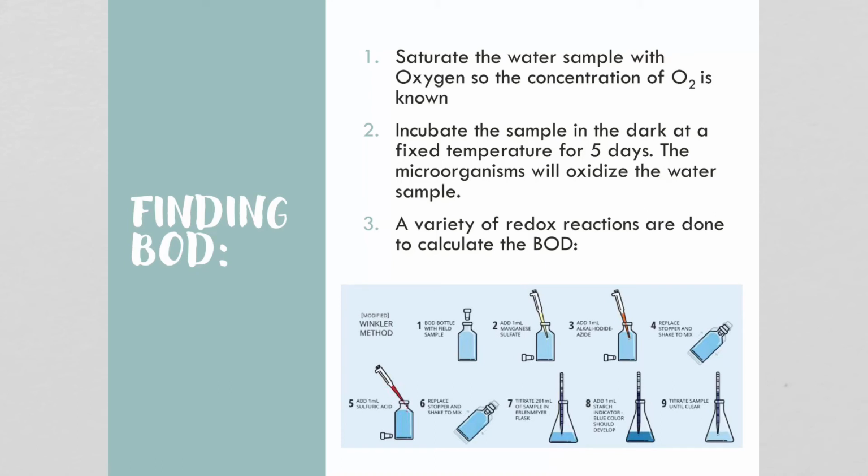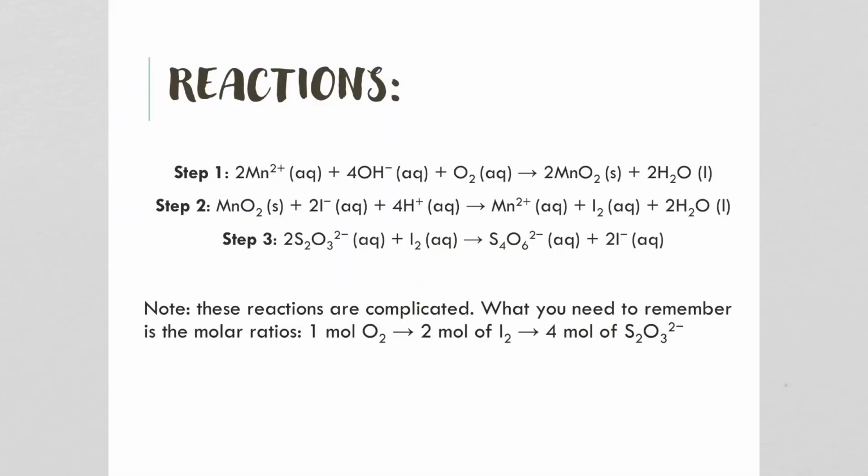by the microorganisms. So on an IB assessment, you do need to know the reactions that are involved. They're listed here, but Cognity gives a really helpful hint. Because the reactions are so complicated, what you do need to remember is the molar ratios that are reacting.